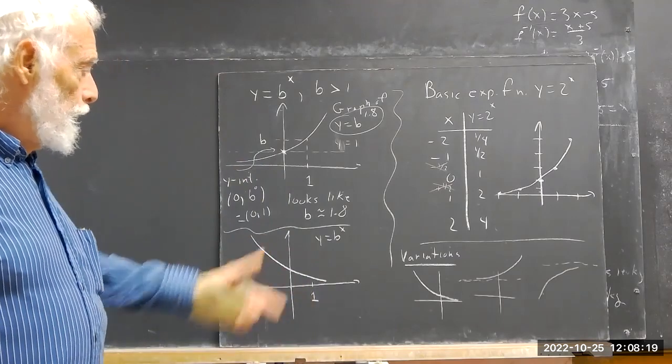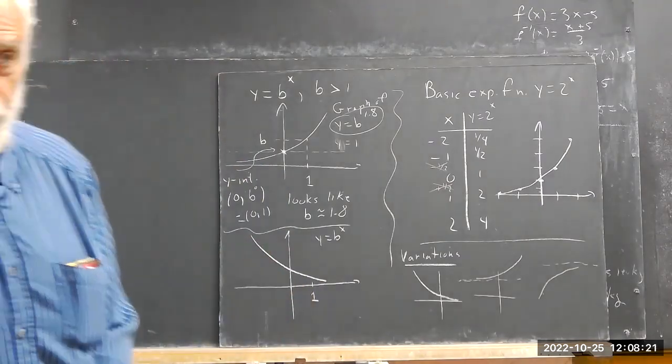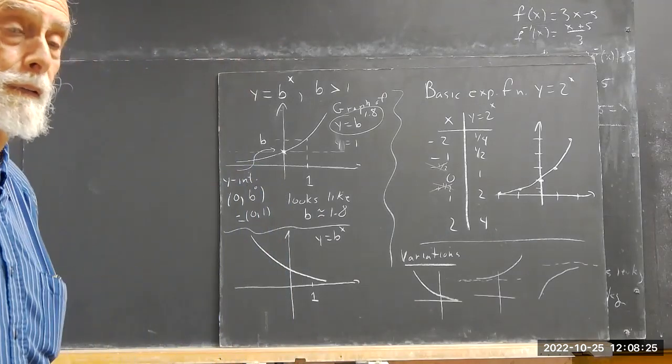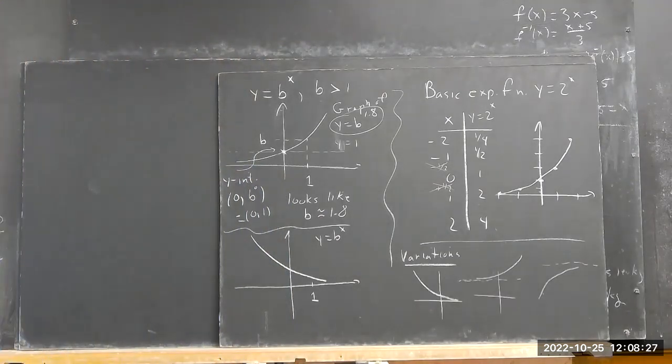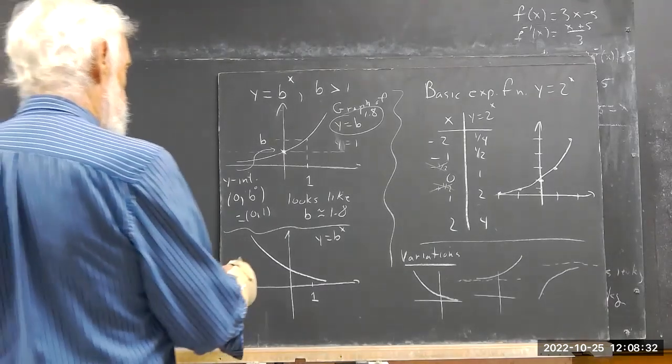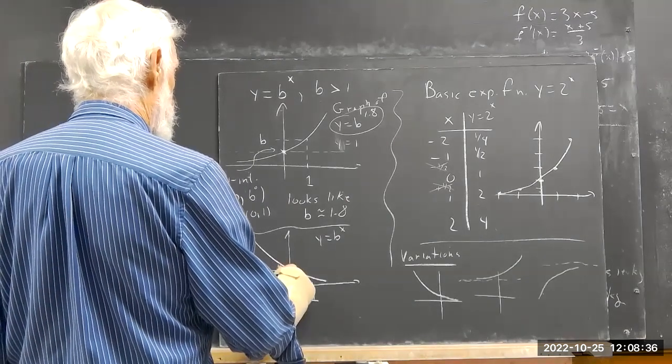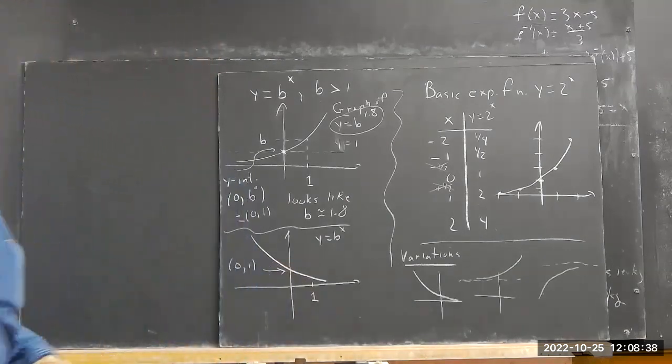Put 1 about there and tell me what you think the value of b is. And I'll remind you that the y-intercept is 0, 1.